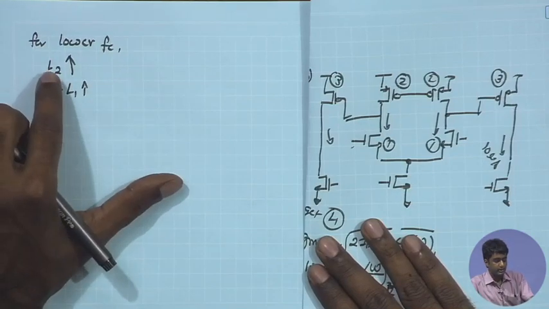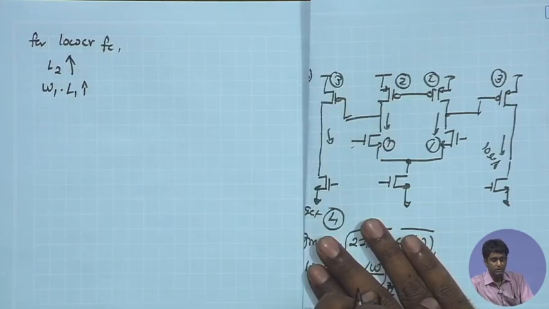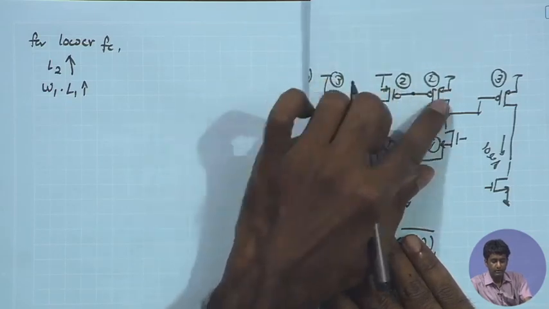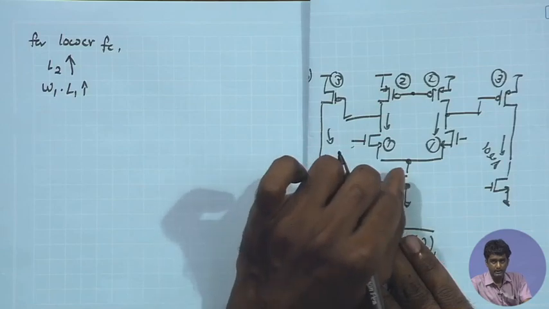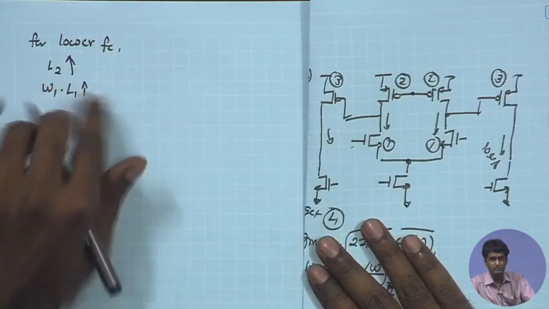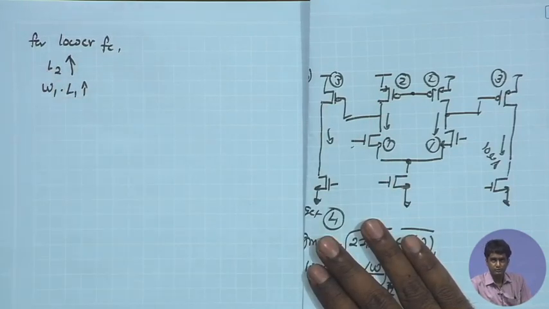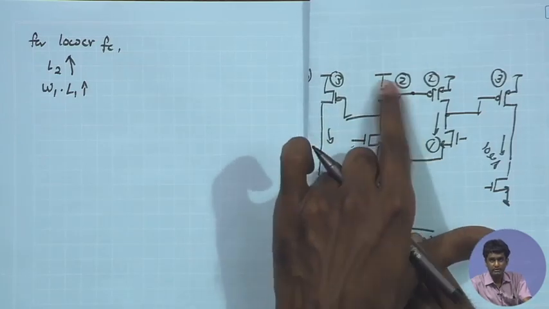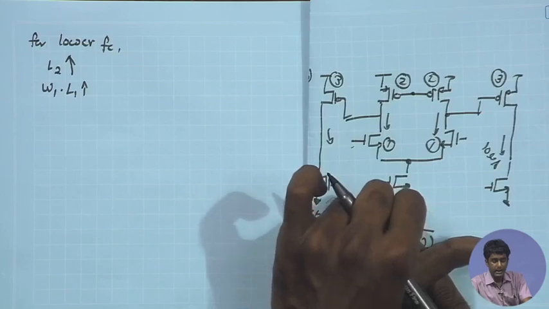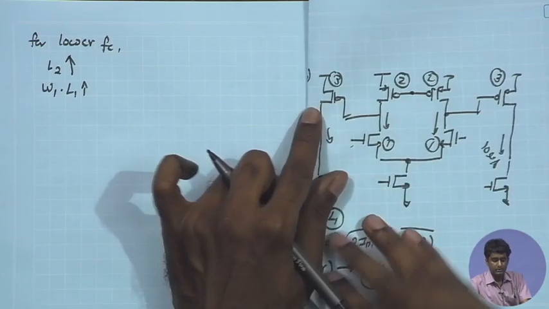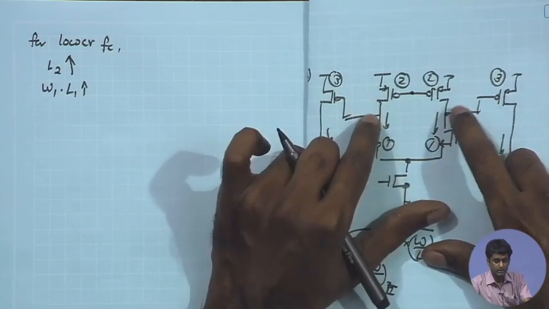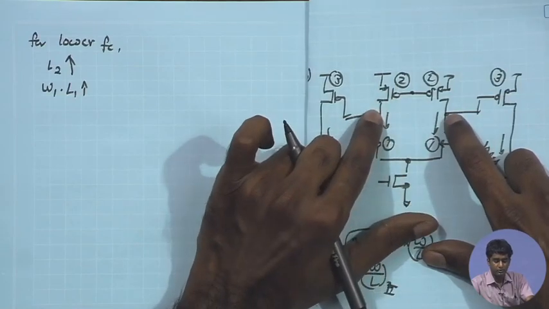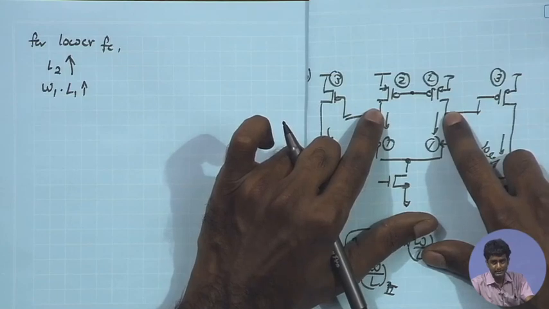And if I increase the L of 2, we know that the overdrive voltage of M2 will be increasing. That means if the W by L of 2 is reduced, the required VSG to support the same given bias current will be increasing, and as a result you will require a larger VSG drop, and that would mandate that your overall signal swing at this node gets limited, right.